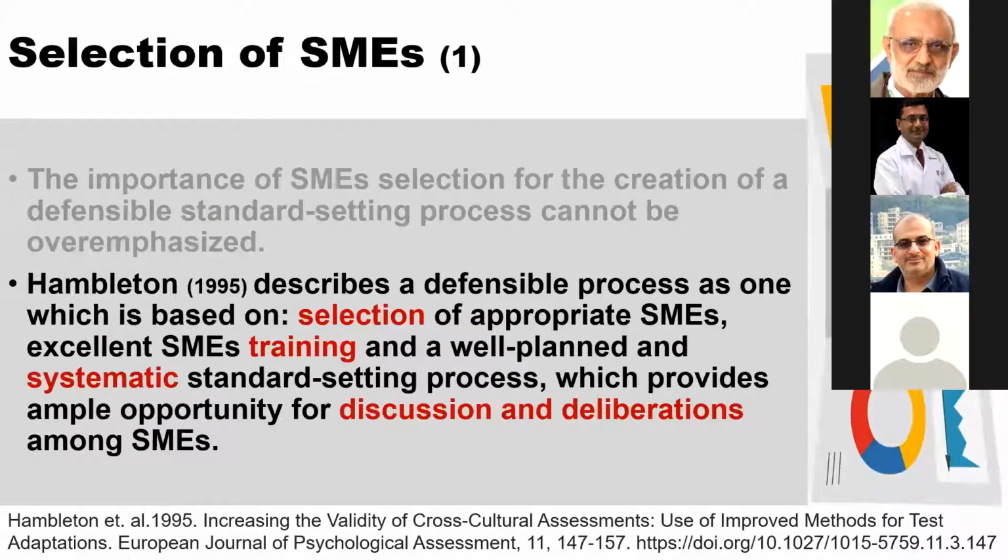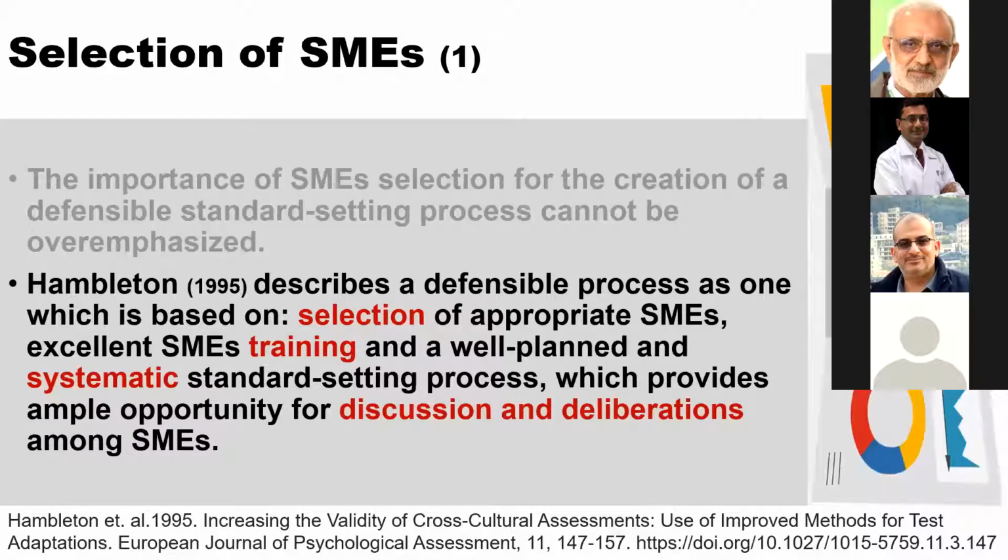Hambleton describes a defensible process as one which is based on, number one, selection of appropriate SMEs, excellent SME training, and a well-planned systematic standard setting process, which provides ample opportunities for discussion and deliberation among SMEs.